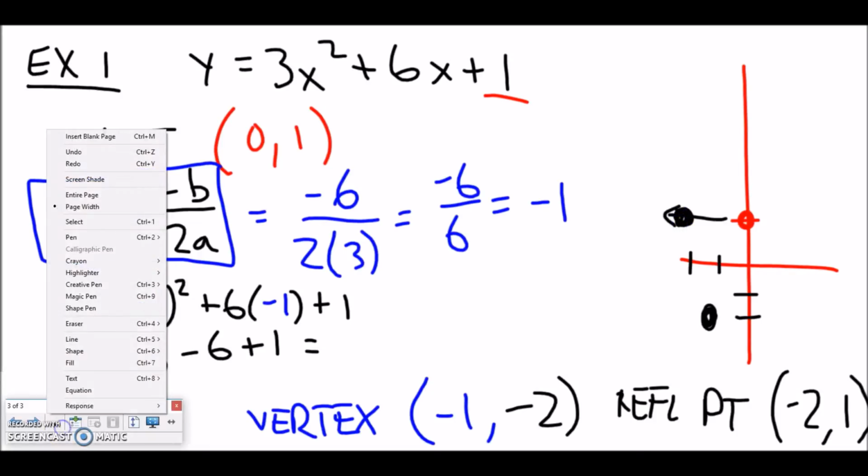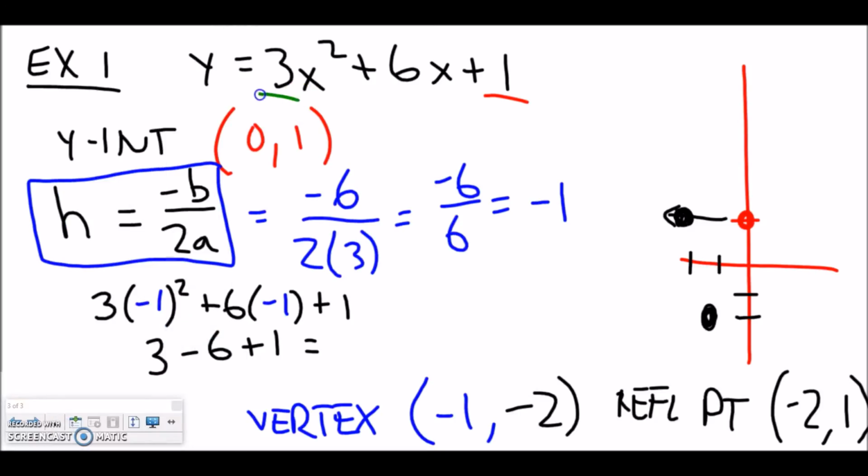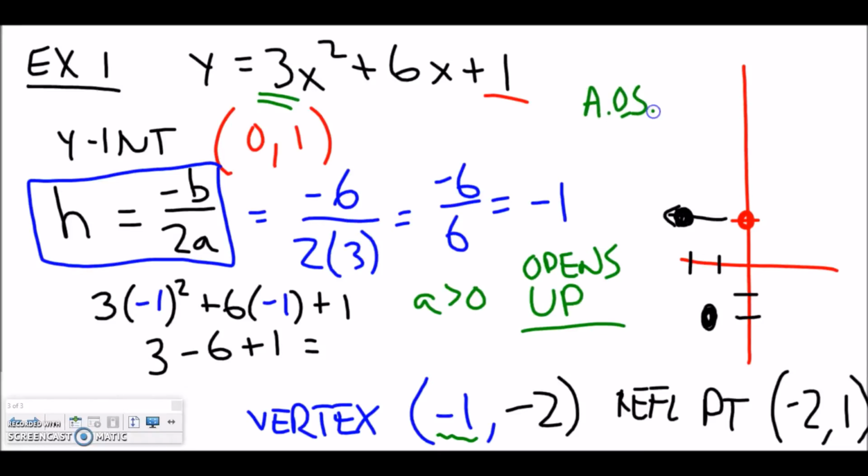We can see both from our points and from our letter A. Remember, if A is greater than 0, that this opens up. And from my vertex, this negative 1, we know my axis of symmetry, x equals negative 1.